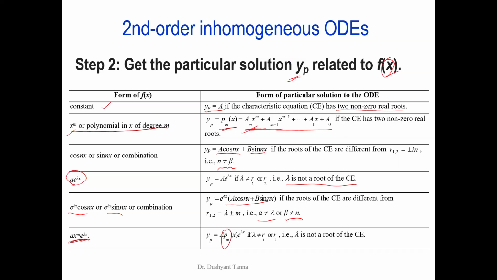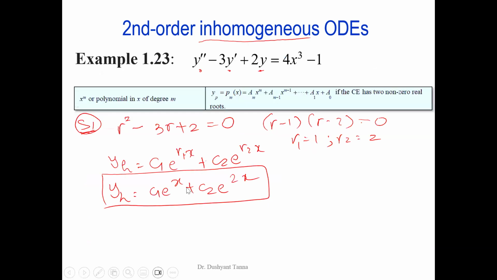So if you have x power 3, then you replace it with a3x cubed plus a2x squared plus a1x plus a0. If you have x squared, then you'll have a2x squared plus a1x plus a0. If you have simply x, then you will have a1x plus a0. The constants can be named however you like. If you're not happy with a0, a1, a2, a3, call them P, Q, R, S. It's up to you, as long as we don't mix up and have a clear understanding of what's happening. So this is our last case for today.